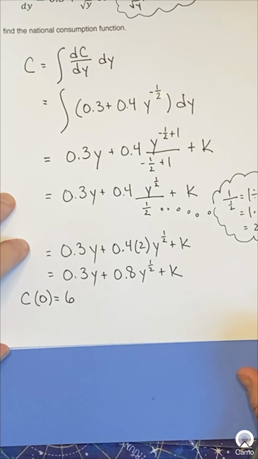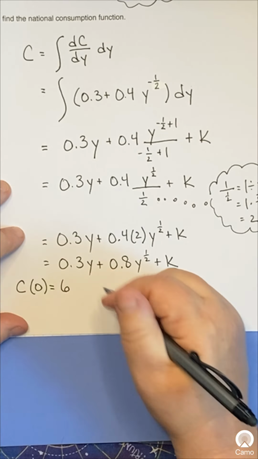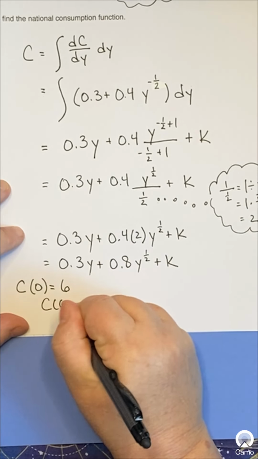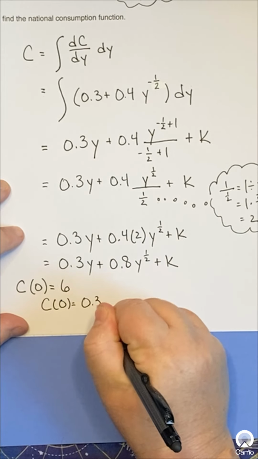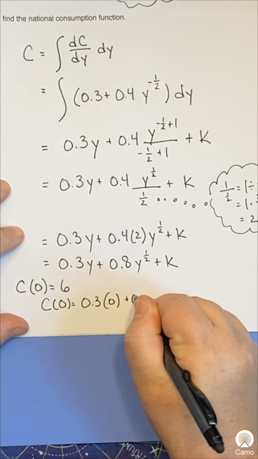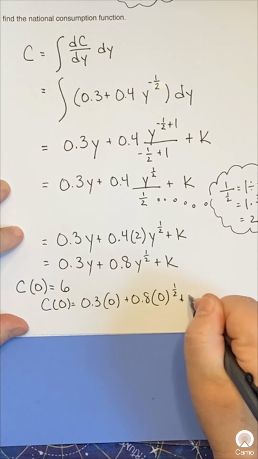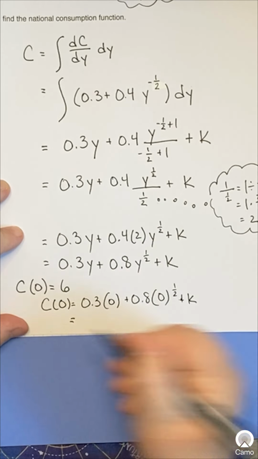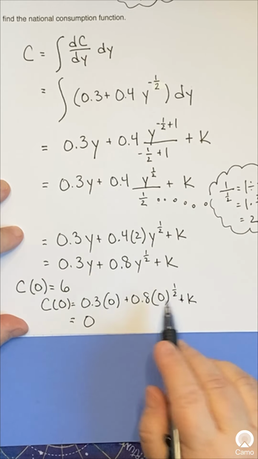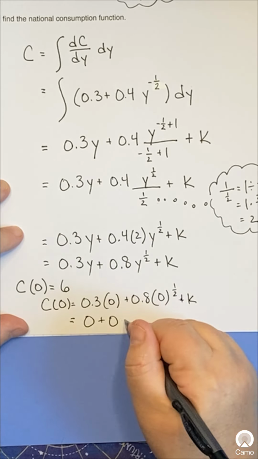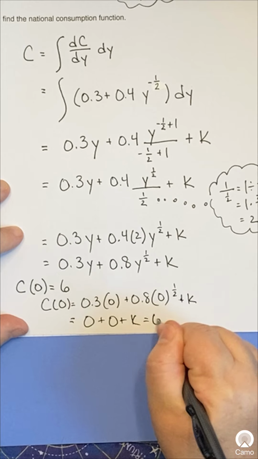So let's take a look at what our function's going to look like. C of 0 is 0.3 times 0 plus 0.8 times 0 to the 1/2 plus k. That's going to be 0, plus k equals 6.